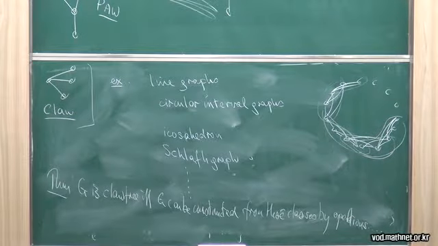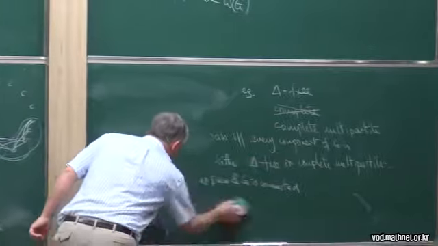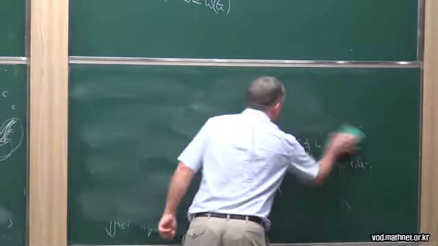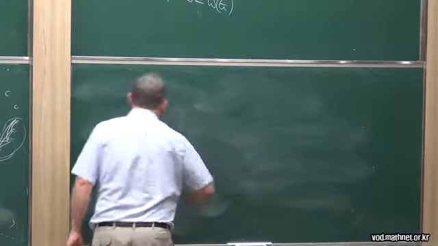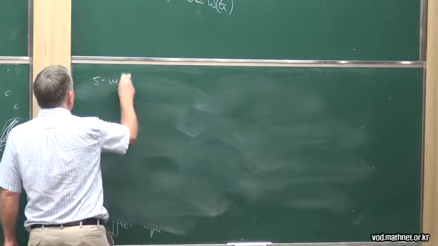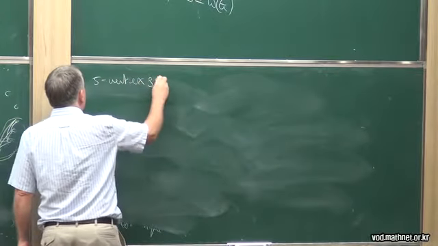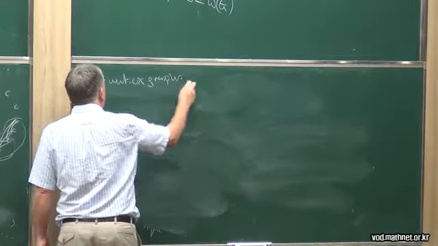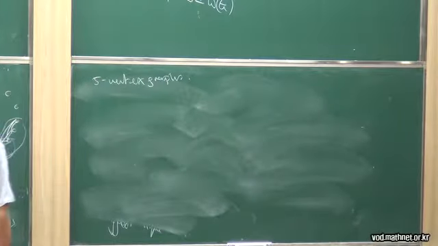All right, so that's the story for 4-vertex graphs. The story doesn't go much further. What about 5-vertex graphs? There are all kinds of interesting 5-vertex graphs.